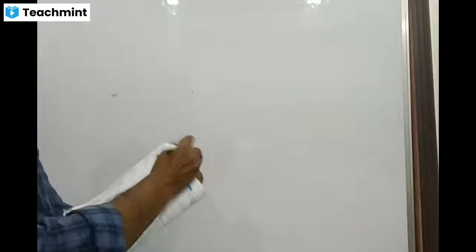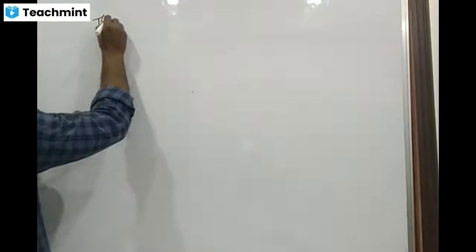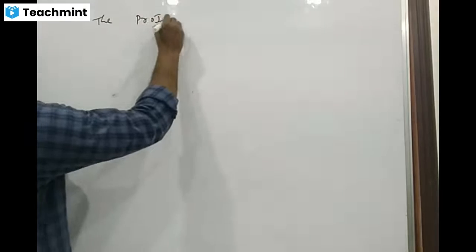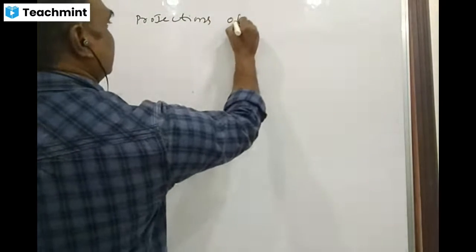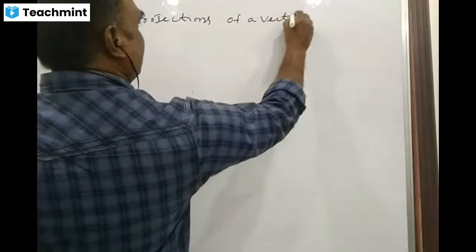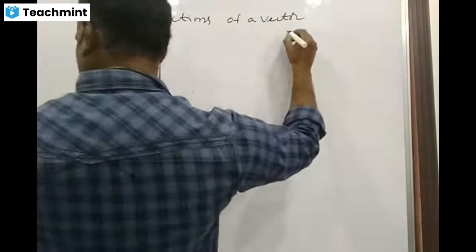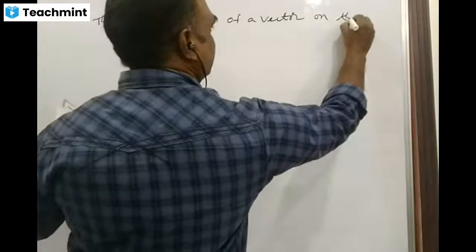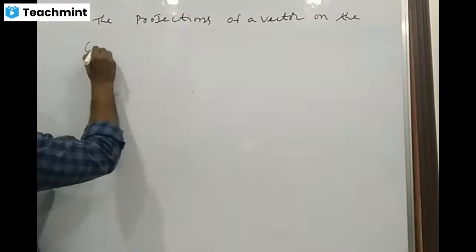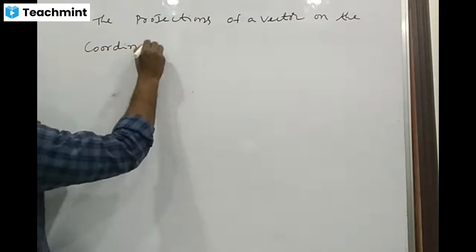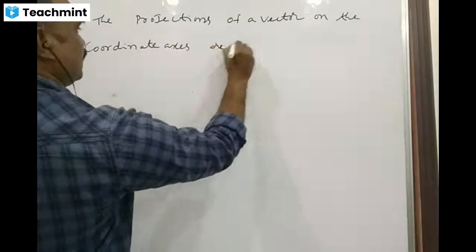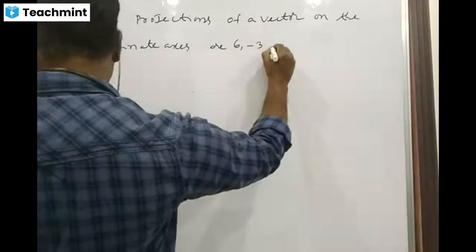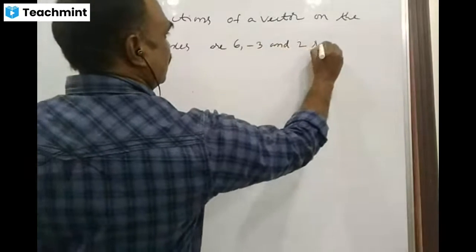Next problem. The projections of a vector on the coordinate axes are 6, minus 3 and 2 respectively.